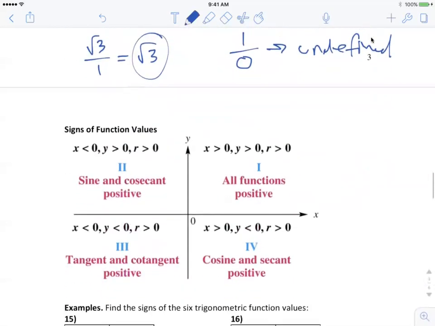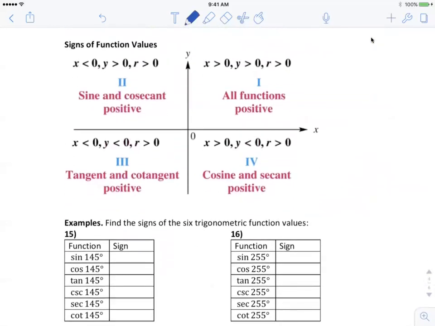Those aren't too bad. How about signs of function values in the different quadrants? It's helpful to know if the function is going to be positive or negative. In quadrant 1, everything is positive, because x and y are positive. But in quadrant 2, x is negative, it's the negative x-axis.